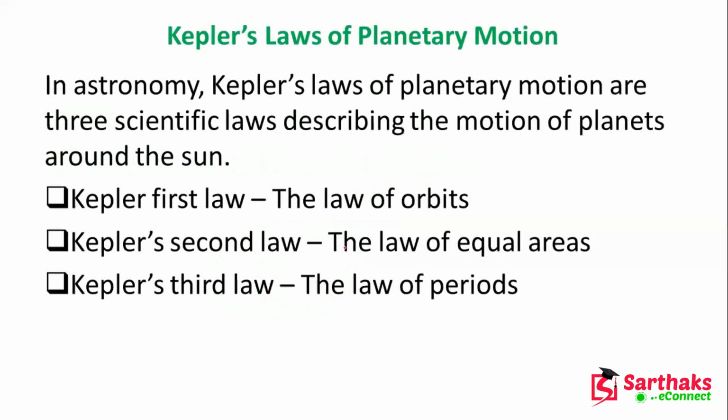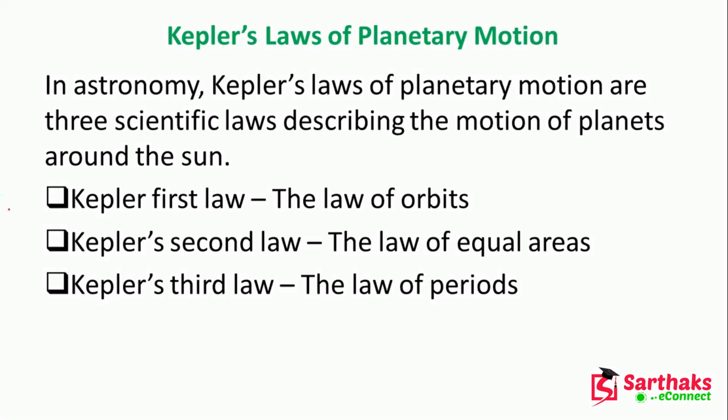In astronomy, Kepler's laws of planetary motion are 3 scientific laws describing the motion of the planets around the sun. Whenever we study the motion of other planets, including our Earth, Venus, Mars, or the motion of the moons of every planet, we require these laws, right?